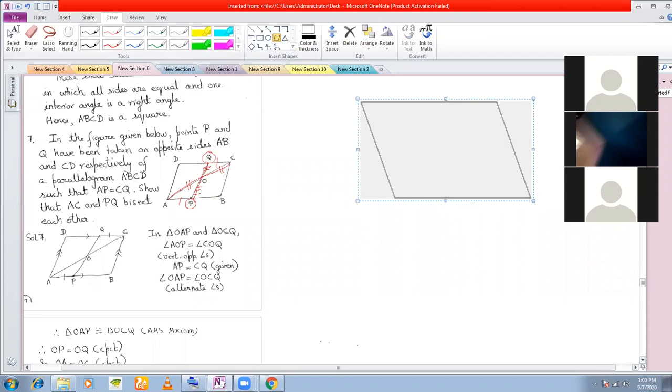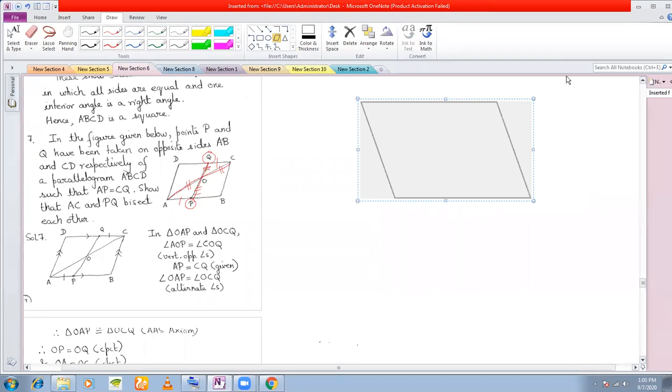This is your parallelogram ABCD. Let us take a point P first on this side, any point. Let us take this as our point P, and this as our point Q. Let us join these 2 points.